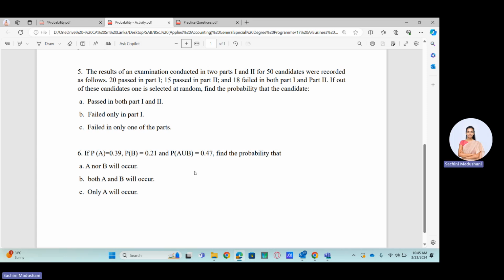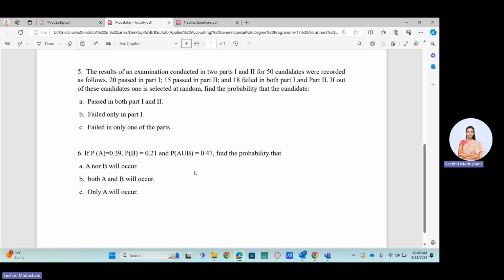Clear? Then 18 failed in both part 1 and part 2. What does that mean? Those 18 failed both part 1 and part 2. It means the complement of A union B. A union B represents candidates who passed part 1 or part 2.